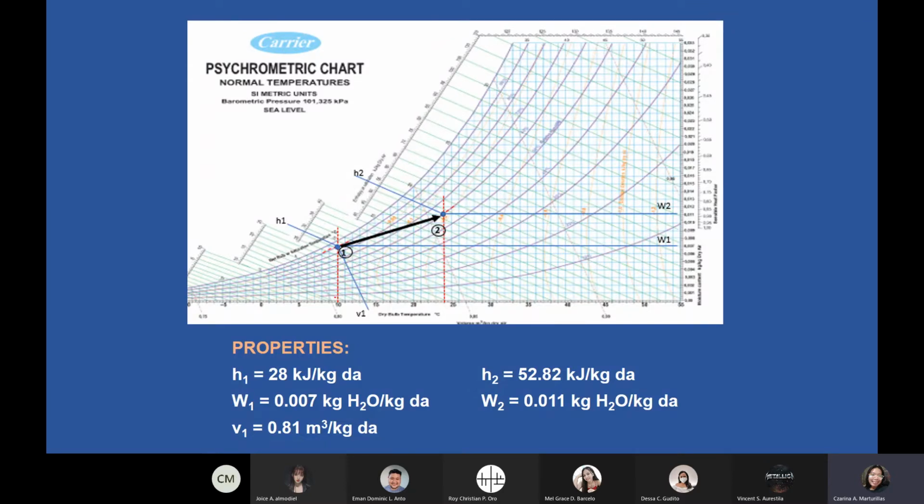The first state is 28 kilojoules per kilogram of dry air, which has no deviation, while for h2 you need to consider the deviation of the enthalpy. Same as before, specific humidity is the horizontal line.